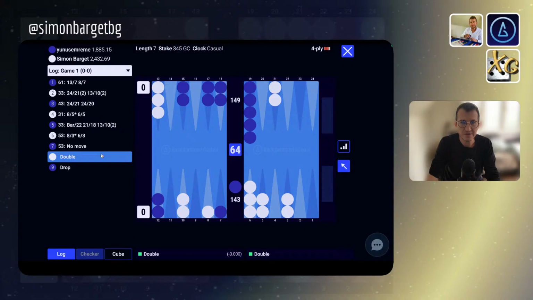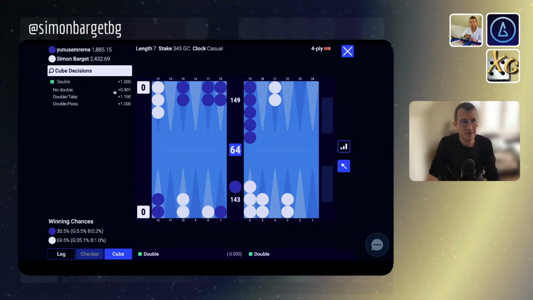This number here, plus 1 at the top, is what you win if your opponent makes the right decision and passes. So it's the same as the double pass line at the bottom. And then the double take line is plus 1.19. That means that if your opponent was to take, you would be winning more than 1. That's why it's a pass.